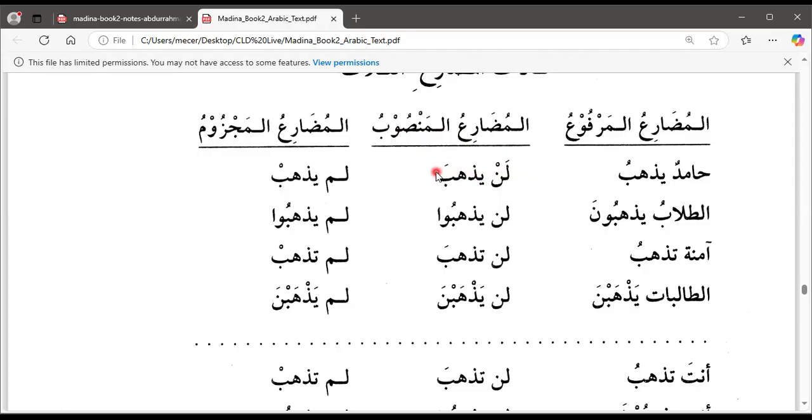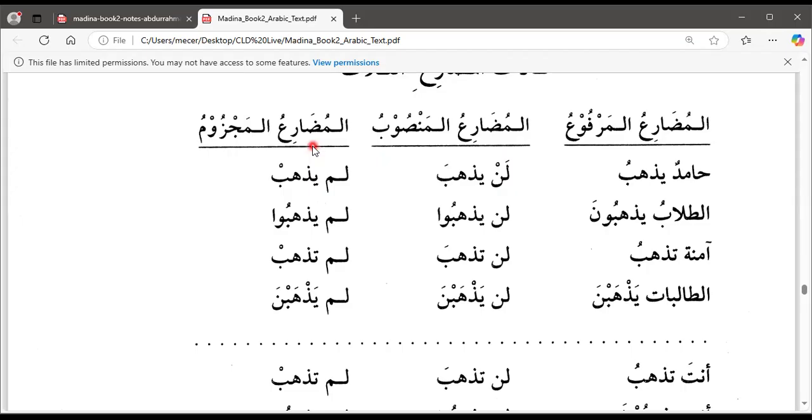Why is it ending with the fath? Because there is a particle of nasb, adat nasb, and this particle is lan. So when lan comes before a fi'l mudari', it becomes mansubun, bil fath.